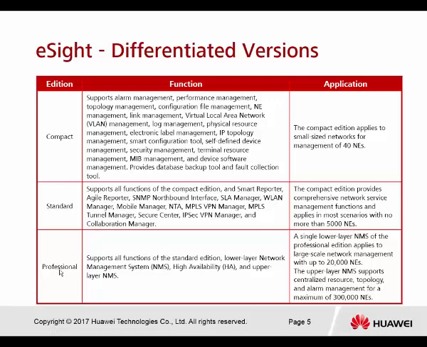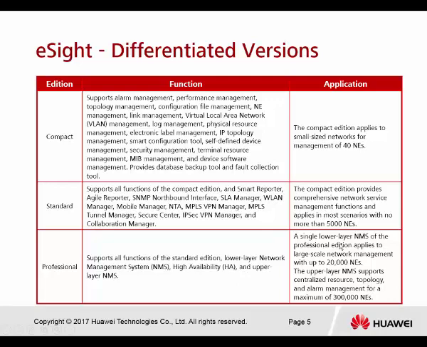It supports all functions of the standard edition. Everything in the standard edition, of course, the professional also includes. Low layer network management system, NMS, high availability, HA, and the upper layer NMS.